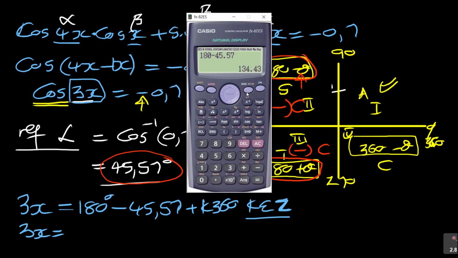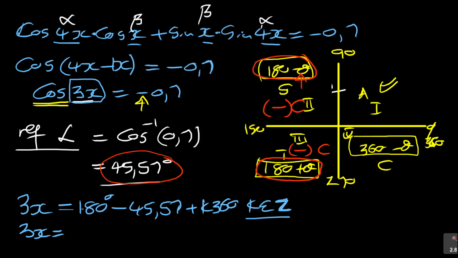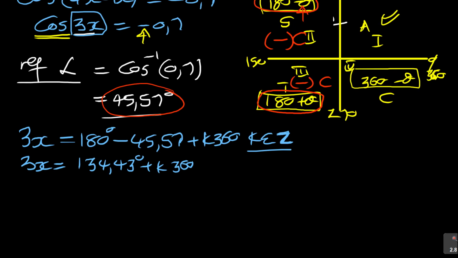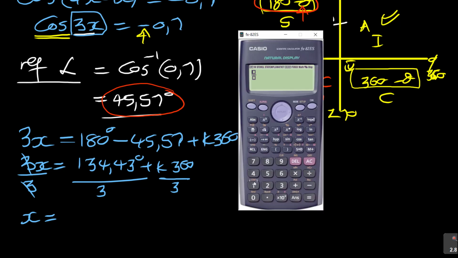Then it gives you 134,43 degrees plus k 360. That's the first one, remember. Then you divide everything by 3, each one by 3. When you do that, you've got the x in the general solution form.